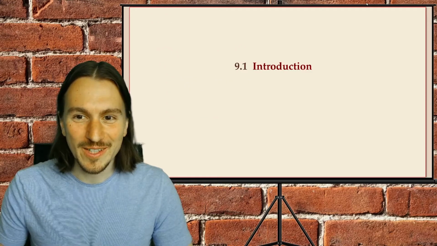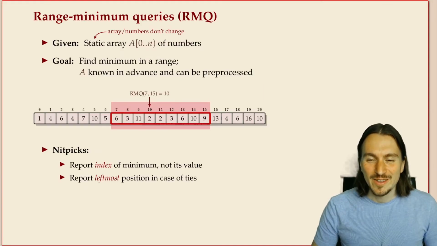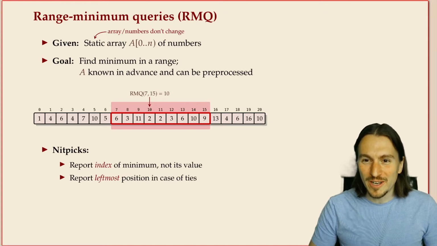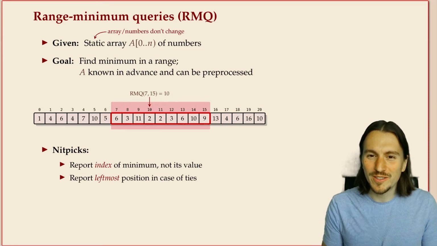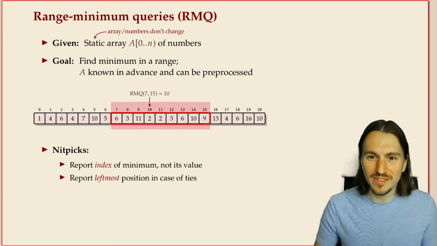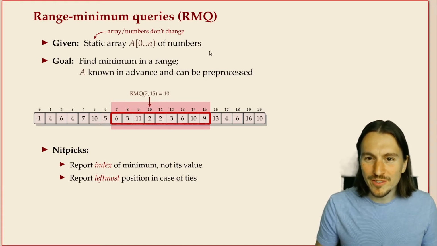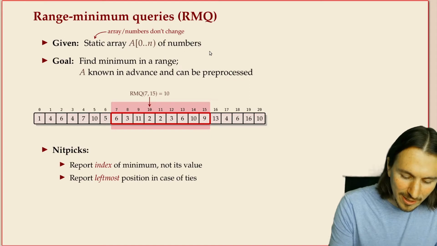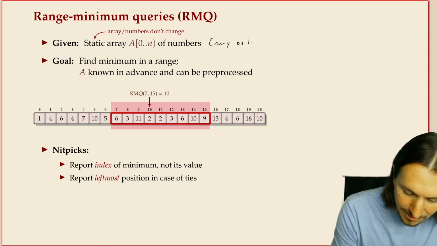All right, what is the range minimum problem? The range minimum problem, or RMQ problem for range minimum queries, is the following simple problem on an array. You're given an array of numbers. Well, it can be any comparable items, so anything you can order is actually fine.